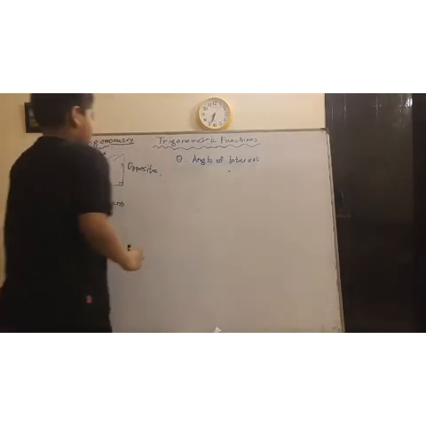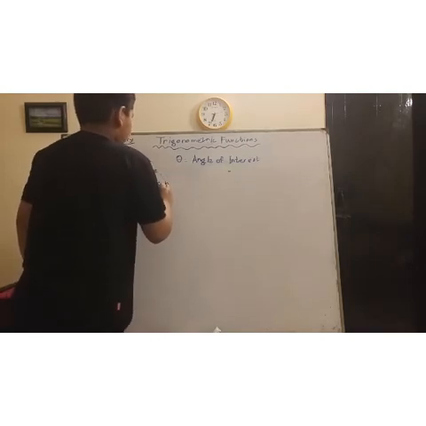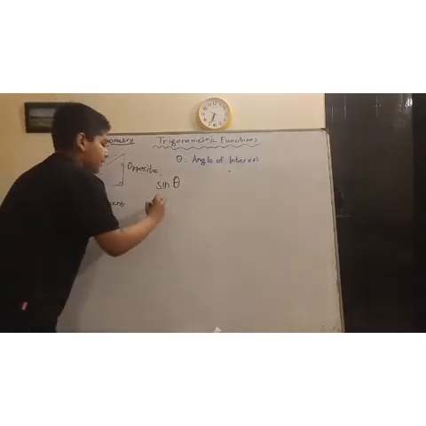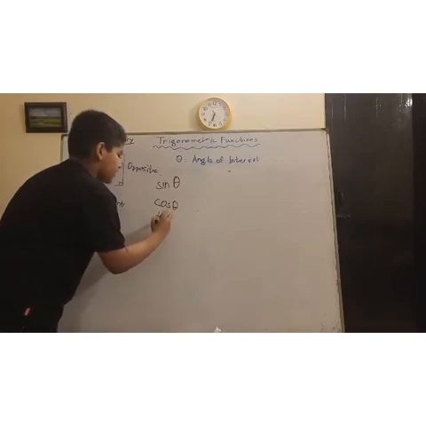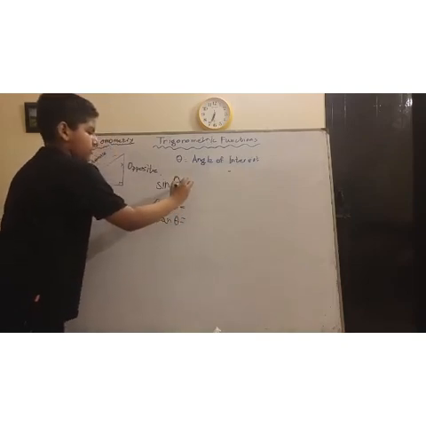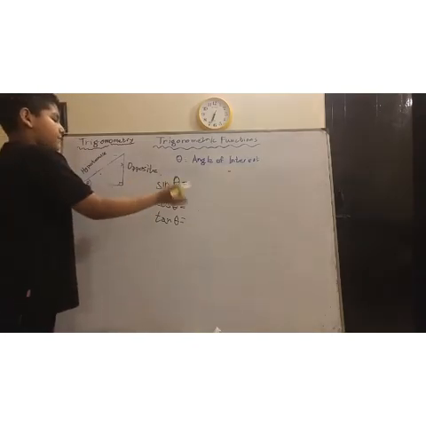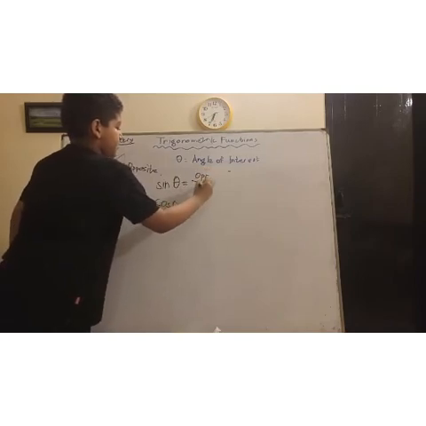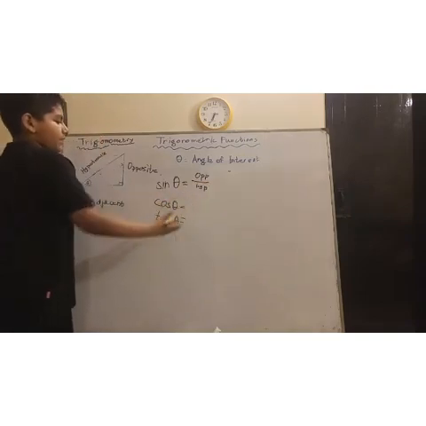So now let's look at some functions of trigonometry. Sine of theta, cosine of theta, and tangent of theta would be symbolized as this. The sine of theta would be opposite, let me just write OPP, over the hypotenuse, HYP.